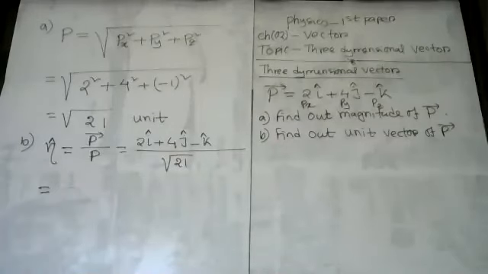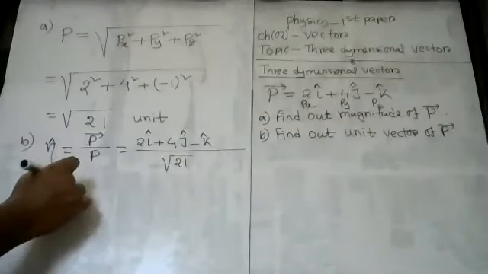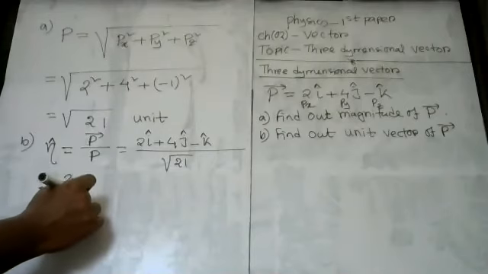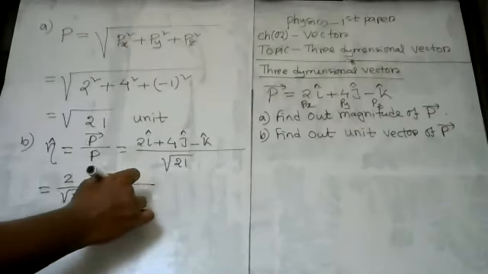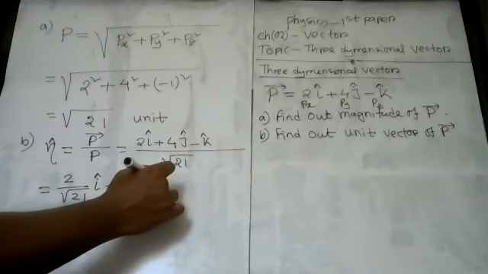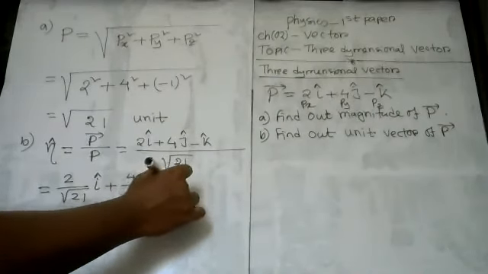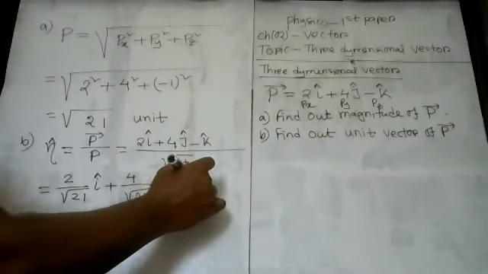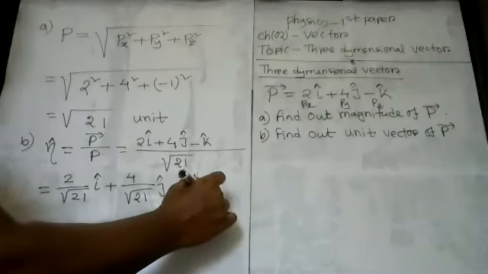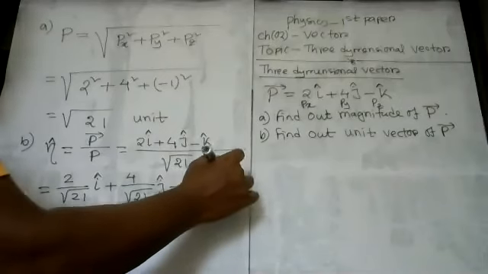Now, eta hat will equal to 2 divided by root over 21 I hat plus 4 divided by root over 21 j hat, plus, no, it's minus, so minus 1 divided by root over 21 k hat.